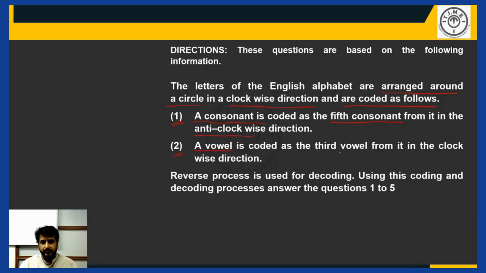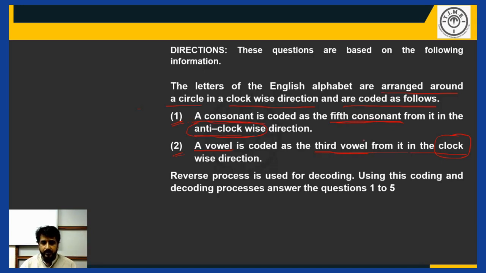A vowel is coded as the third vowel from it in the clockwise direction. Here we have given clockwise direction and earlier anti-clockwise direction, and it is a fifth consonant and a third vowel.